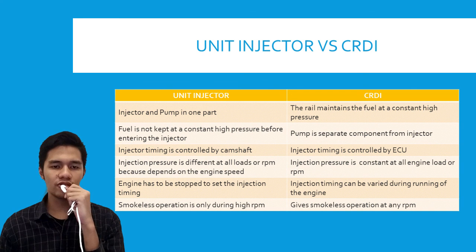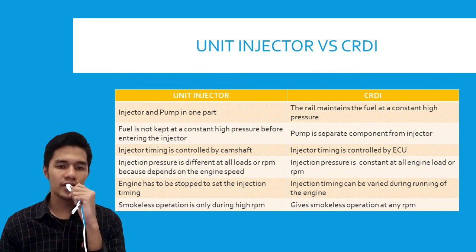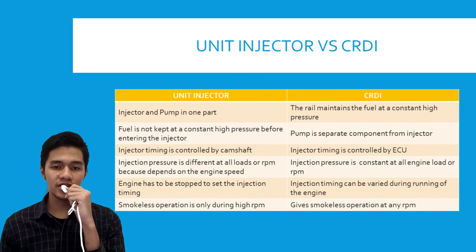In the conventional unit injector, the injection timing is controlled by the camshaft, so it's mechanically controlled. In CRDI, the injection timing is controlled by the ECU, so it's electronically controlled. In the unit injector, the injection pressure differs with load or RPM because it depends on engine speed.